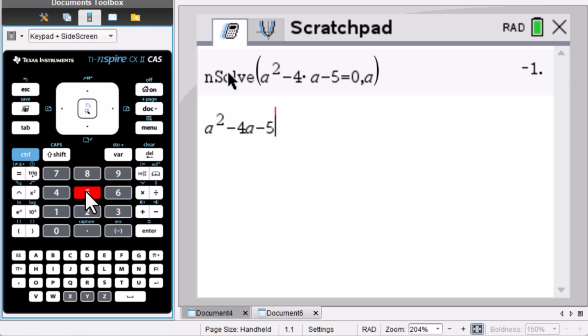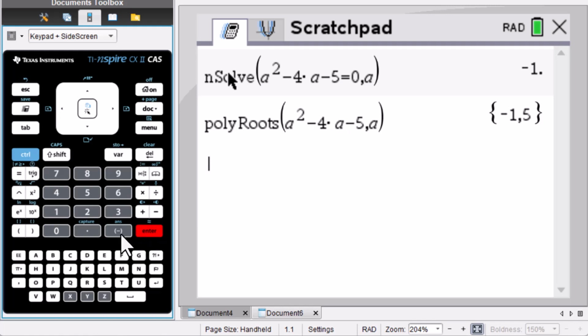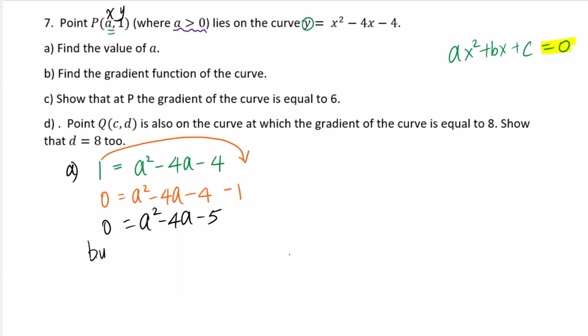Do not put an equal sign here. Directly press control menu, enter, enter, enter. We got two solutions, -1 and 5, by polyroots. a1 equals -1, a2 equals 5.